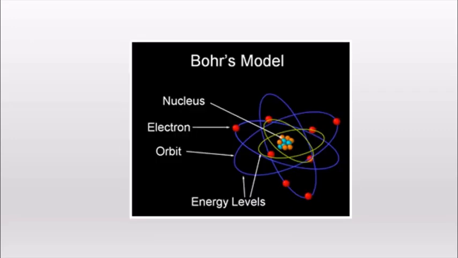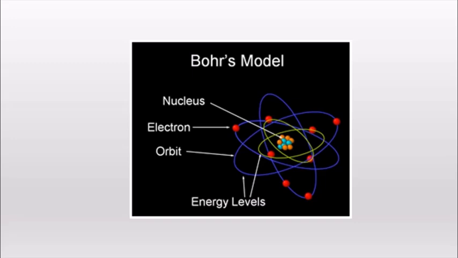So Bohr studied the atoms in detail, and then he postulated that the electrons revolve around the atomic nucleus in concentric circular orbits, which are at some distance from the nucleus. So there are different orbits in which the electrons revolve. The energy of an electron is constant while it is in its orbit.